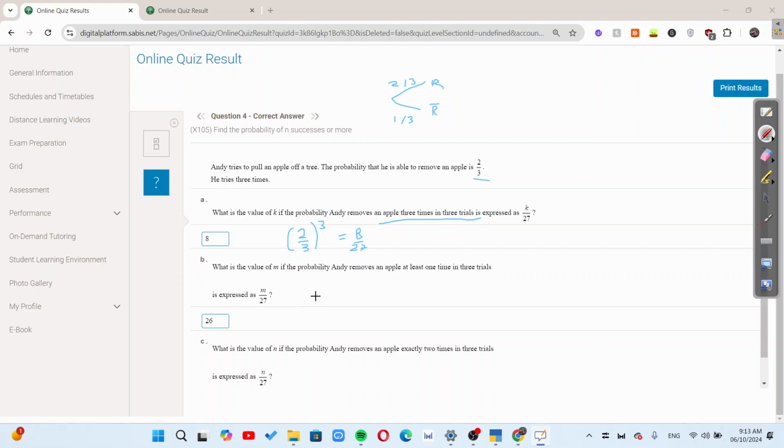So at least once in his 3 trials means you need to do 1 minus, like memorize this rule, at least once: 1 minus the probability of the times he's not able.